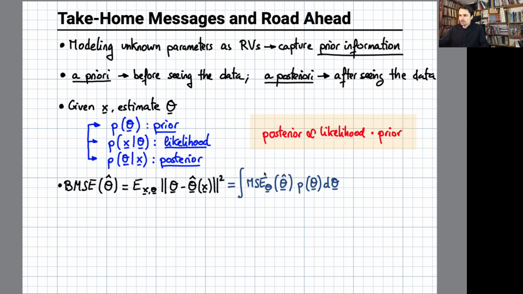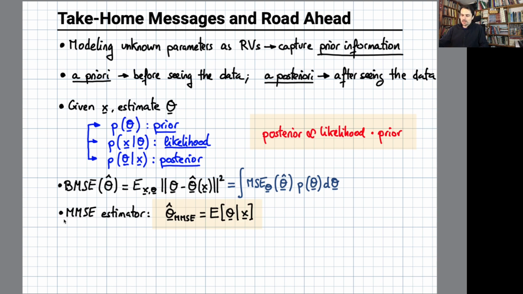The BMSE is this weighted integral of the MSE. So this is where we said that the prior distribution in some way conveys information about the relevance of each value of the parameters, okay?